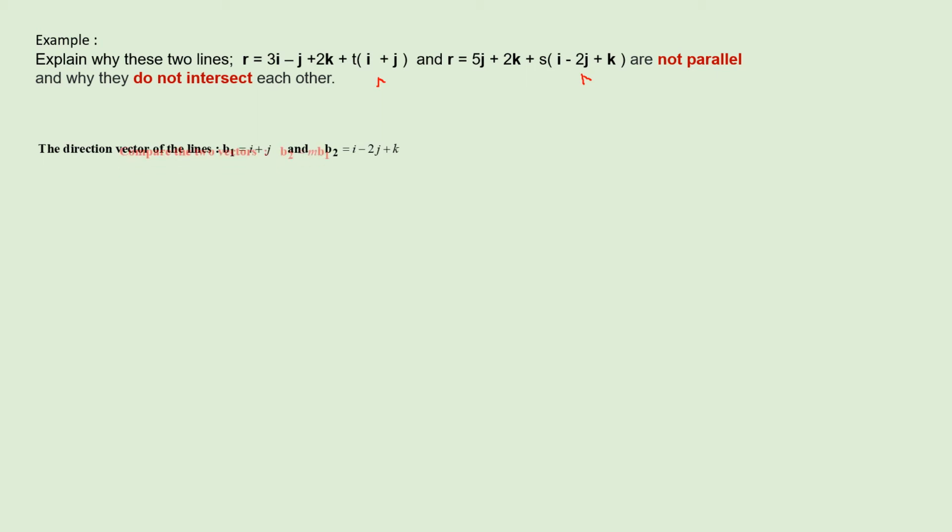If they are parallel, then one vector must be a multiple of the other. Let's say B2 is 2 times B1 or B2 is 3 times B1, then they are parallel. But here, when you compare, it is quite obvious that it is not.